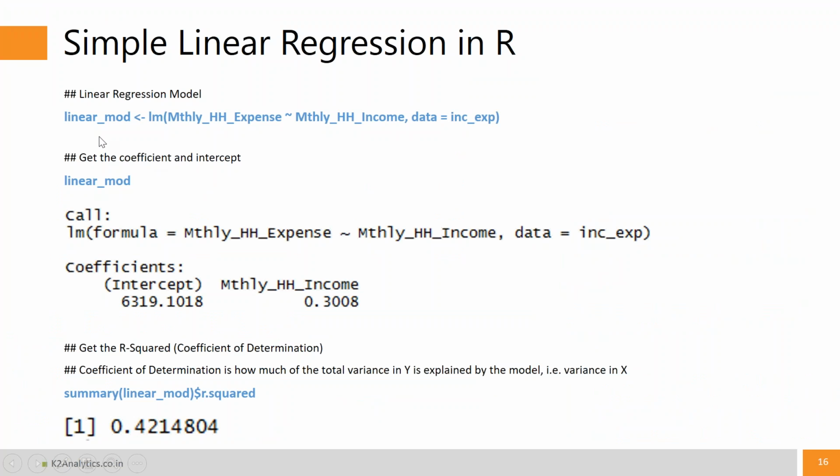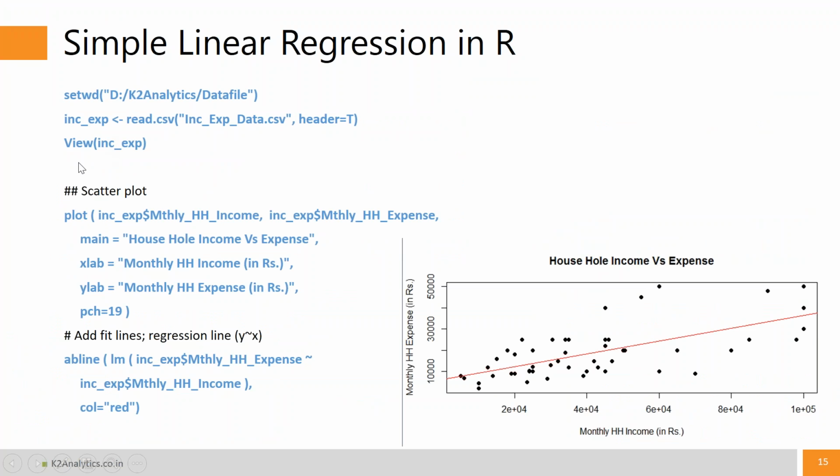So first, what I'll do is try to build a simple linear regression. Though my objective is to estimate expense with respect to all other variables, first I will cover a simple linear regression and then I will cover the concept of multiple linear regression.